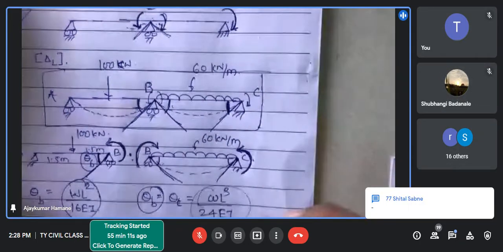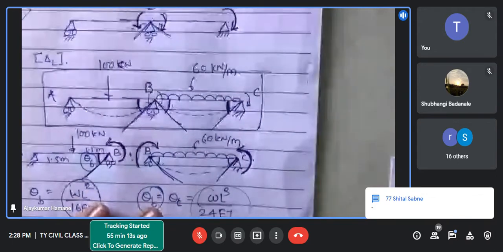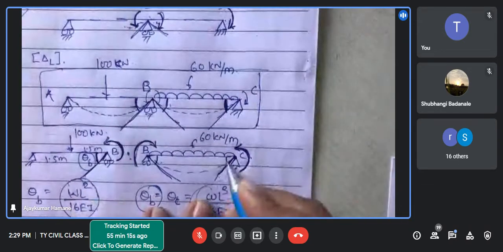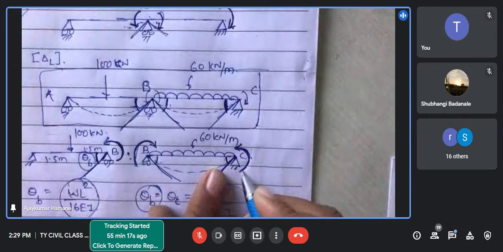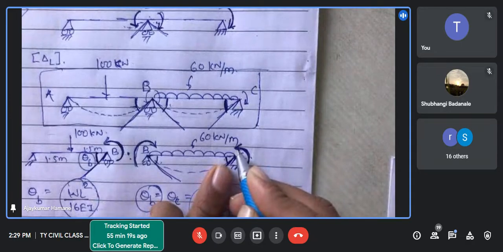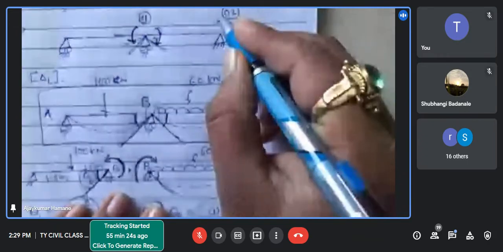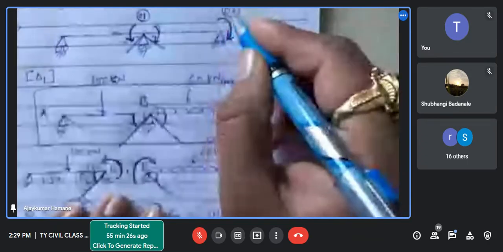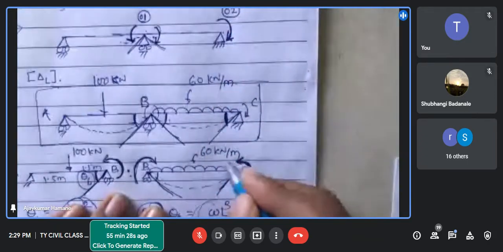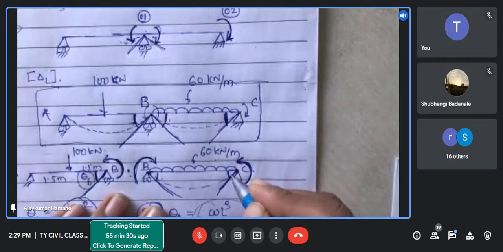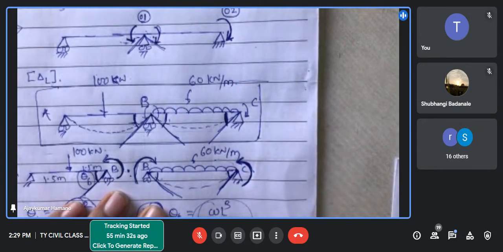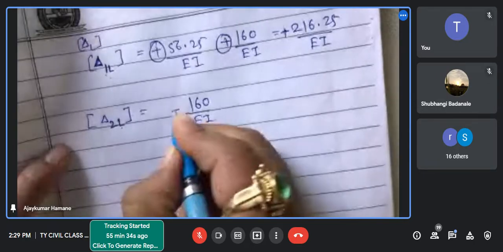See Rajni, why is it minus? I will explain again. This is a downward slope. This downward slope gives us an anti-clockwise movement, but what we have assumed along the coordinate is clockwise movement. So this slope should be in the upward direction, but it is downward. That's why it is minus.